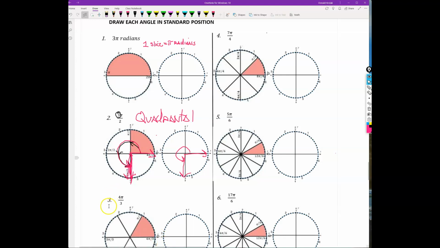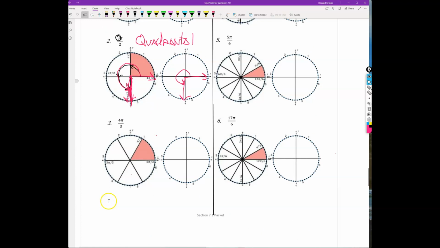Okay, if I am taking a circle and I want to draw an angle that's 4 pi over 3, I'm going to take the top of the circle and I'm going to cut it into 3 slices, which means the whole circle would have 6 slices.